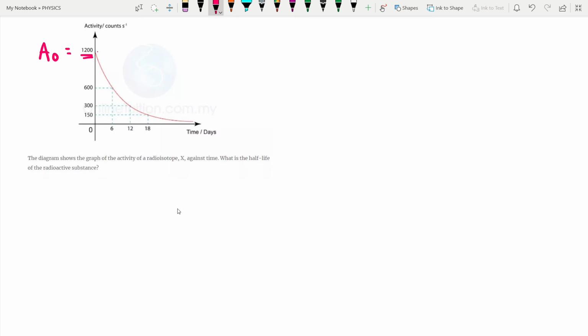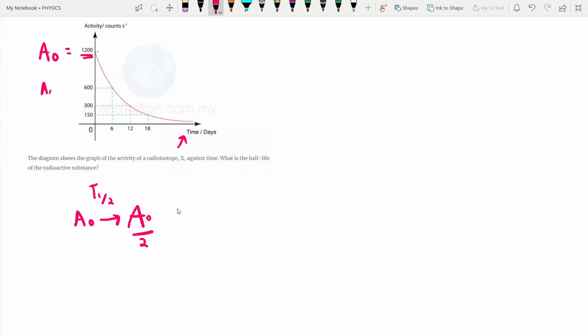Okay, so dia tanya, what is the half-life? Okay, half-life tu masa. Kita akan dapat daripada y-axis. Dia nak tahu berapa half-life apabila A0 ni dia jadi separuh. Okay, berapa masa yang diambil untuk A0 ni menjadi separuh. Okay, so kita tengok A0 1200, kita tengok separuh kepada 1200 adalah 600.